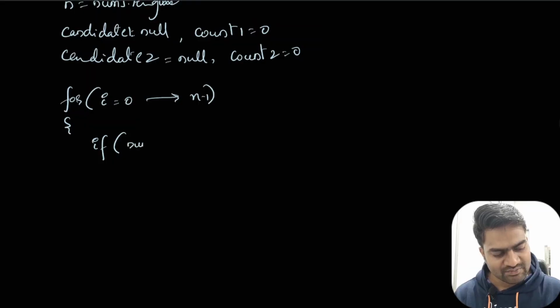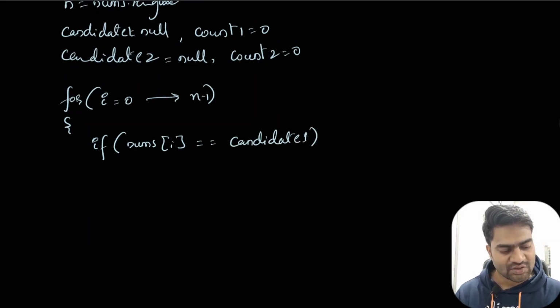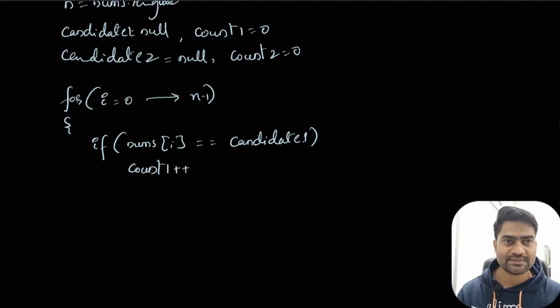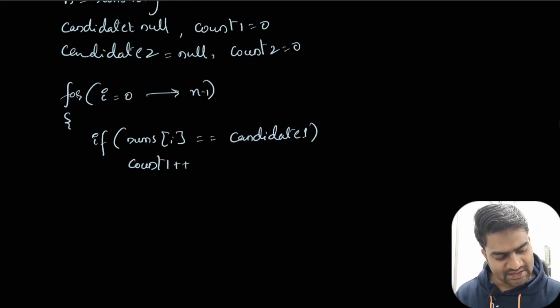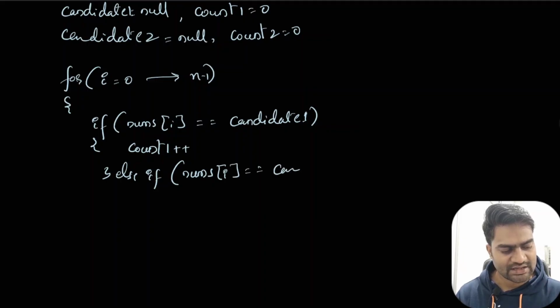Now I will check if nums of i is equal to our candidate 1. Then we will simply increment count 1. If this is not the case, I will use else if, and check this with my candidate 2.